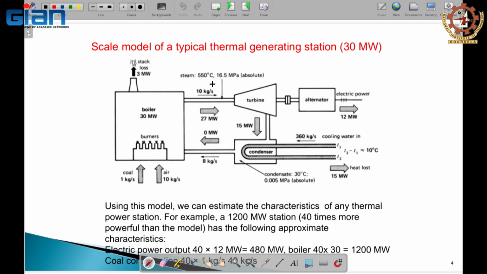So the point I am trying to stress is to think about the quantity: how much coal is being used in the power plant. When you are burning 1 kg of coal, sometimes in the winter season, when it is too cold, we have small stoves where we burn coal to heat the home.